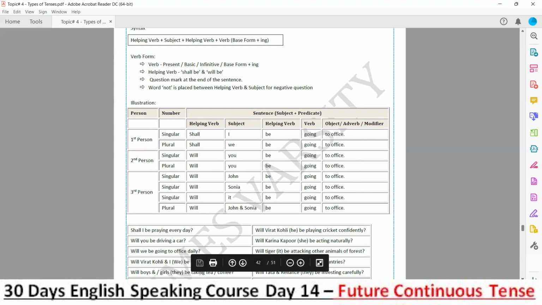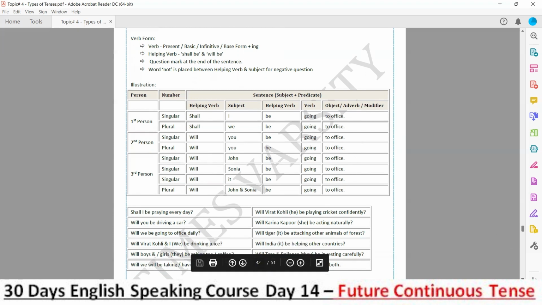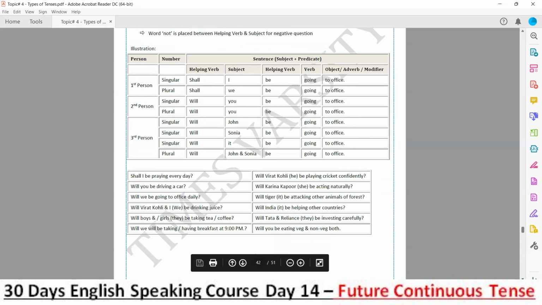For example, let's say if we talk about the next match, and if somebody is asking, will Virat Kohli be playing cricket confidently? क्या विराट कोहली confident से खेलेगा, right?